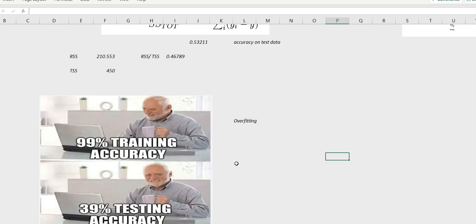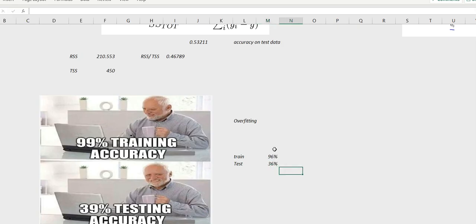So this is about linear regression. How to reduce overfitting and underfitting, we will also discuss. Suppose the train accuracy is 96% and the test accuracy is 36%.